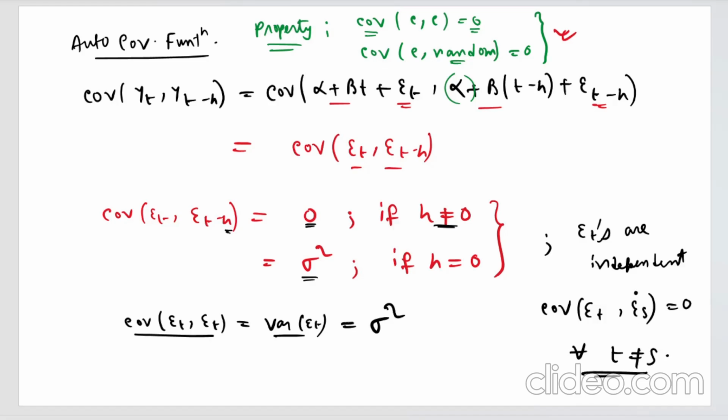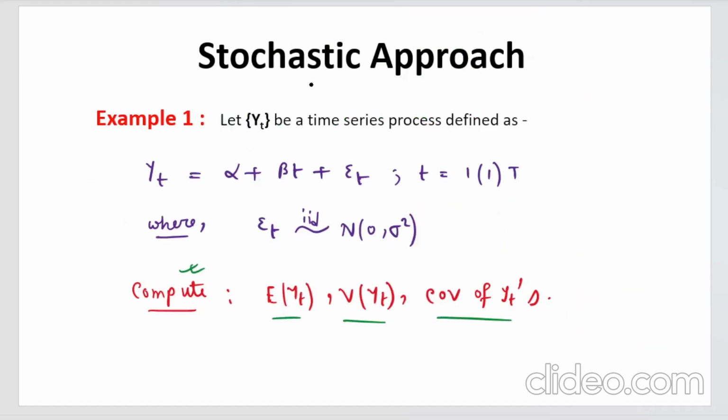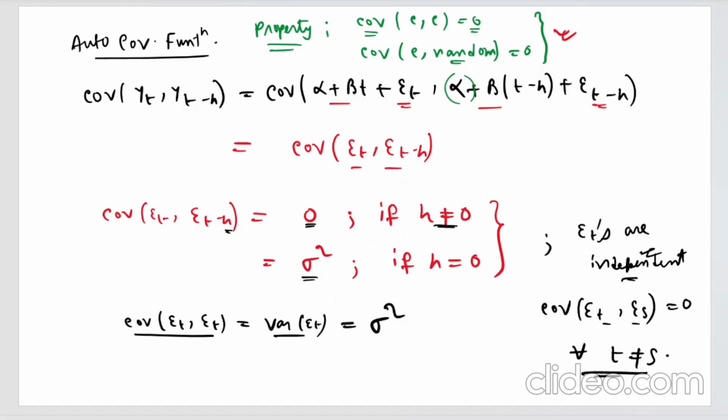So I am using this property of independence here. Every h not equal to 0 means that t is not equal to t minus h. So for these two different time points, this covariance is 0. This directly comes from the property of independence. So this question is done. I have explained each and every step in very minute detail, so I hope this will clear your concept.